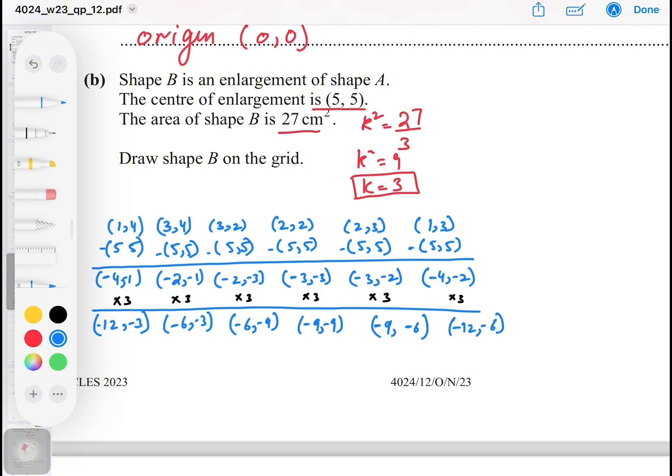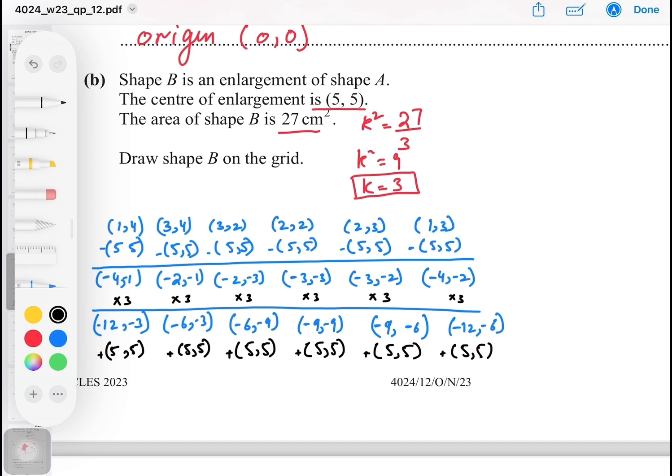Now the last step is we have to add the center again. So I'm just going to put a plus sign so that you clearly understand that you have to add the center.